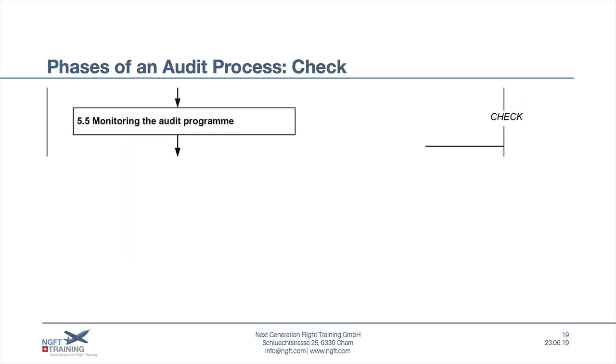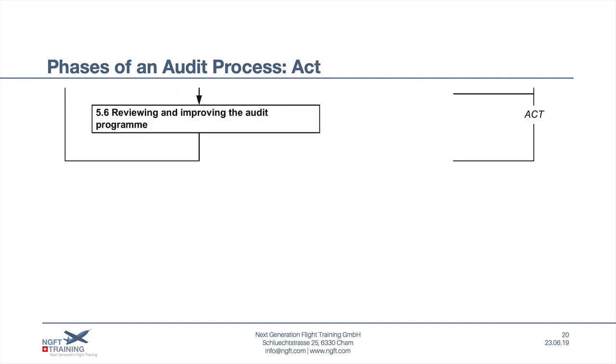Now, this is done by monitoring the audit program. So you as an auditor will have to come back and check whether the changes are effective and have been properly implemented. Finally, you will have to review the whole audit program and make sure that any findings for the audit programs are integrated into next year's audit.